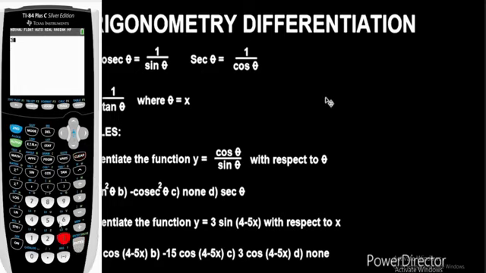So we have 3 cos 4 minus 5x. Okay, close the bracket. Alright, press enter. No, so our answer is option B, guys. So it's as simple as that.